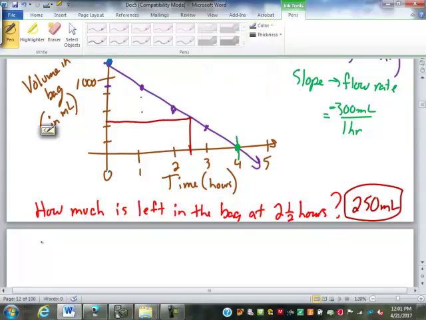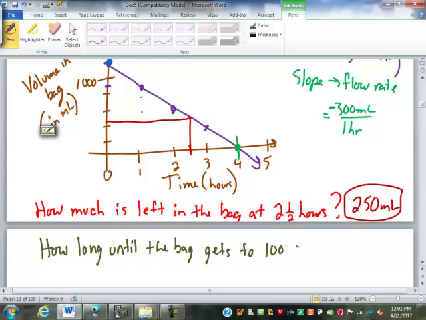We might also ask, how long until the bag gets to, let's say, 1,000 milliliters.